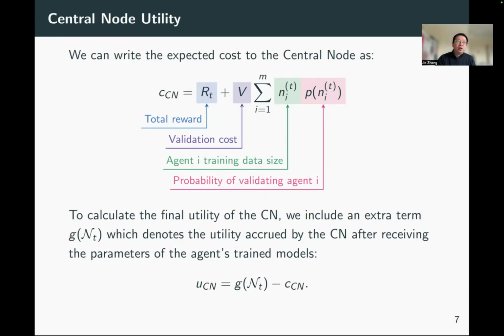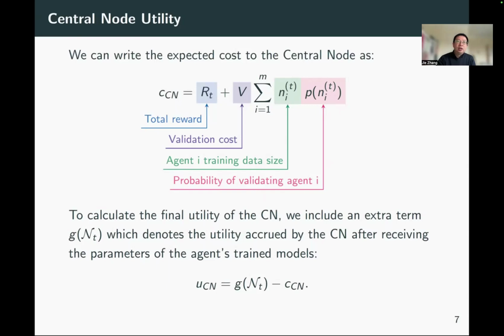We take this cost function and turn it into a utility function. All we need to do is include now an extra term, which is the function g. So g here is going to represent the fact that the central node wants to train the model. Training the model is going to provide it with utility.